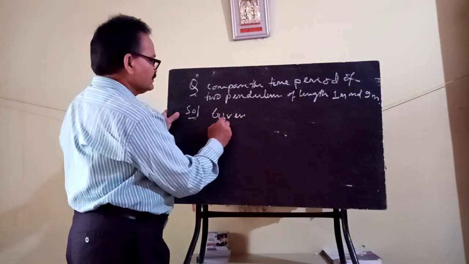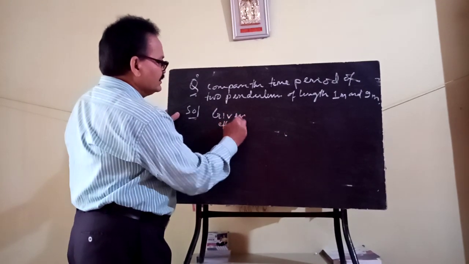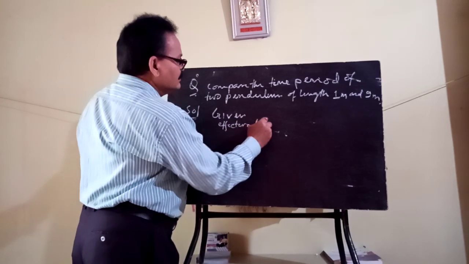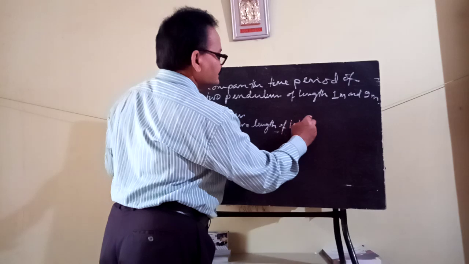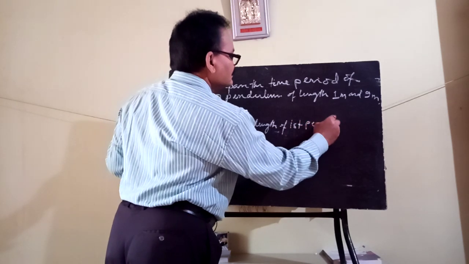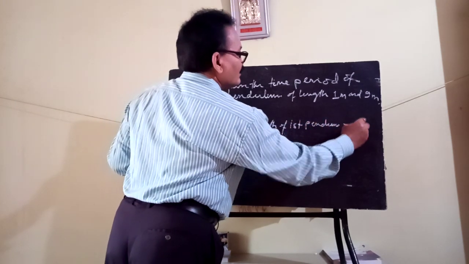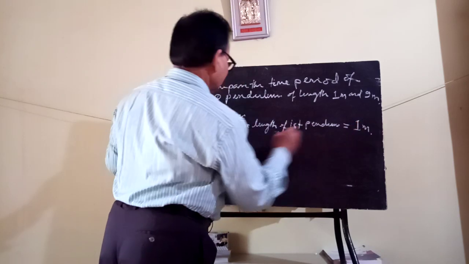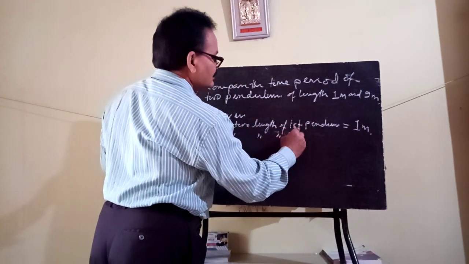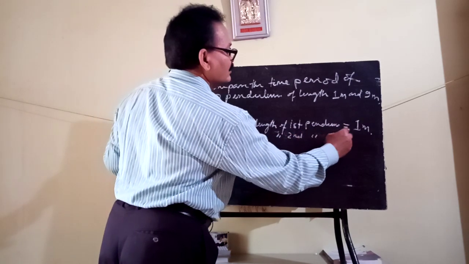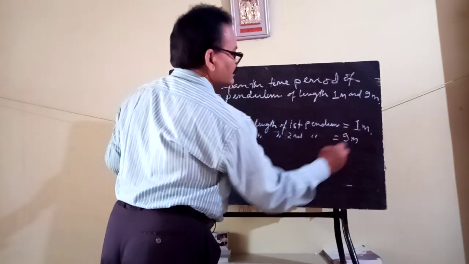Effective length of the first pendulum is 1 meter and effective length of the second pendulum is 9 meter.